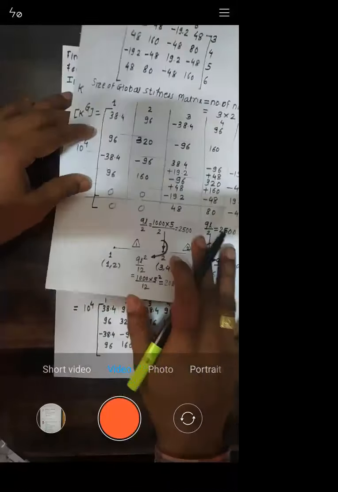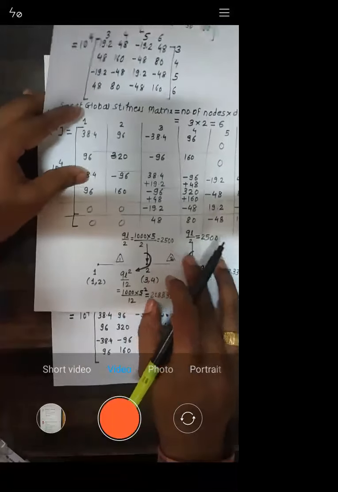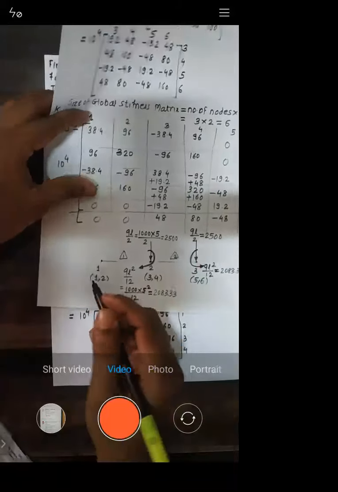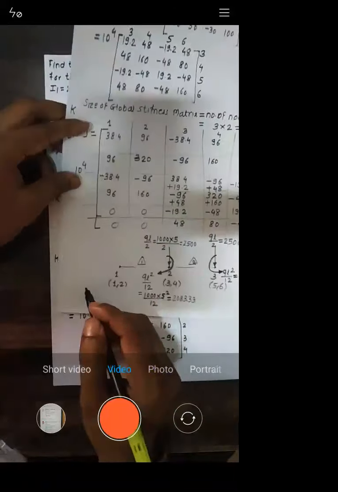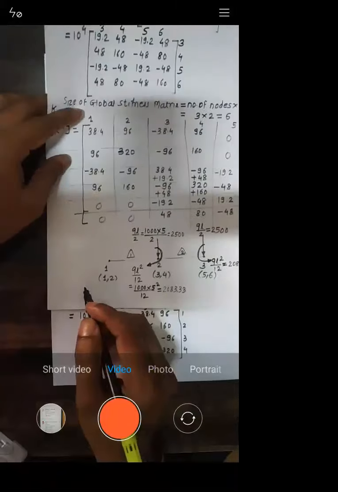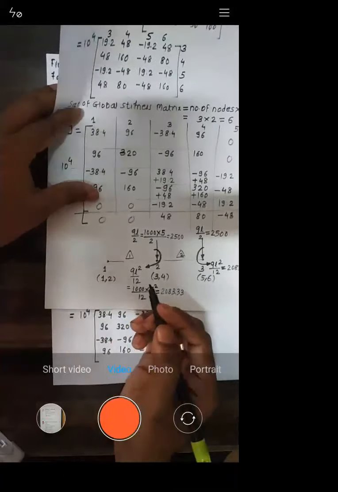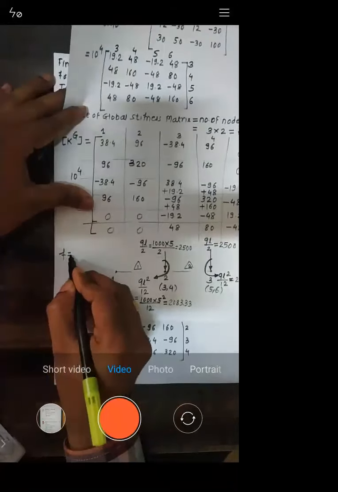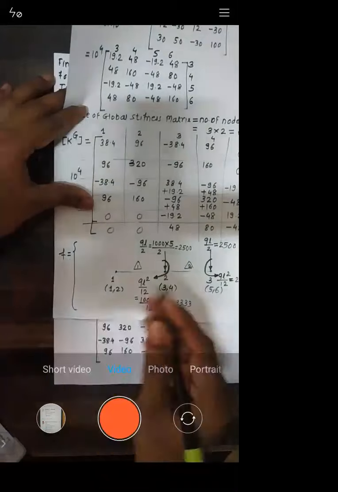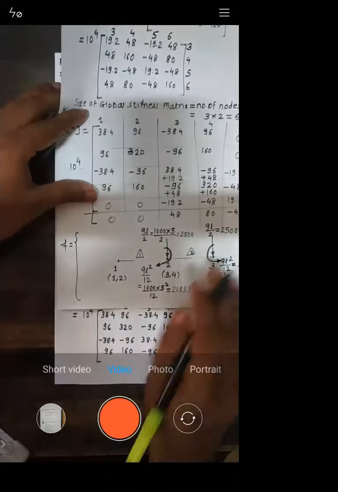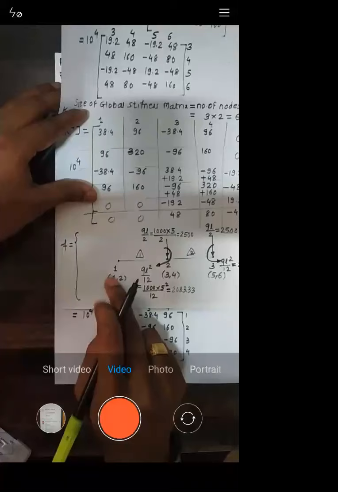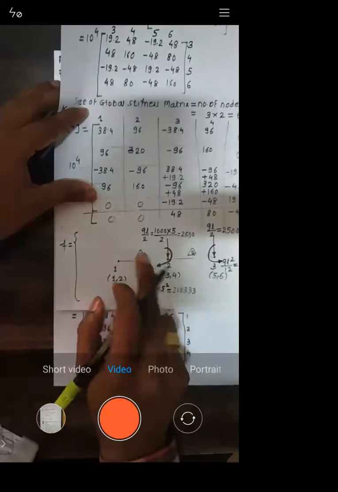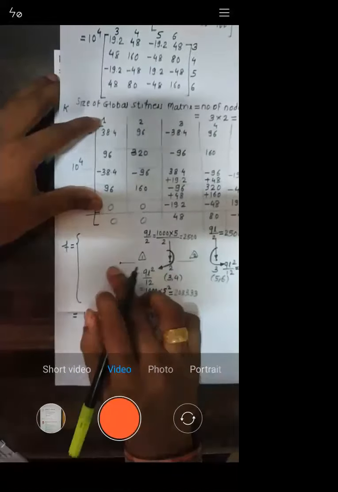Now we have just converted this uniformly distributed load into point load. For that we should write down the force matrix. So force matrix is given by, now see here, is there any point load on node 1?